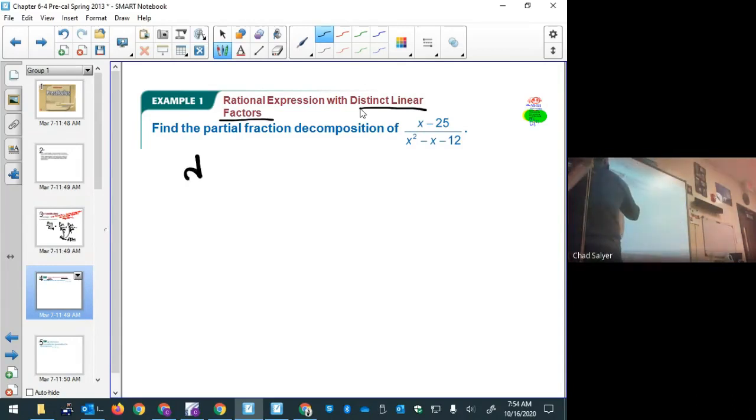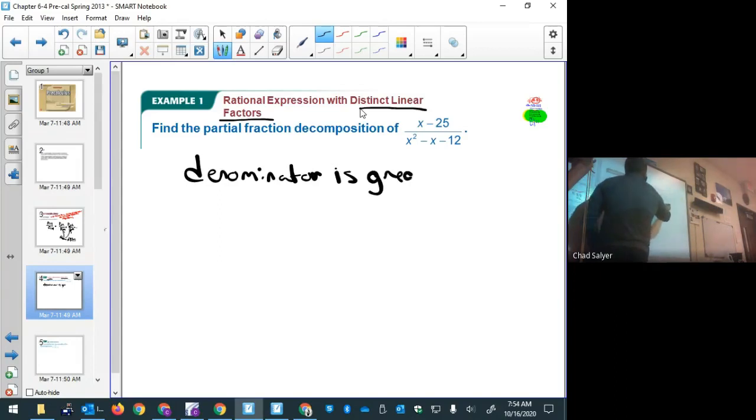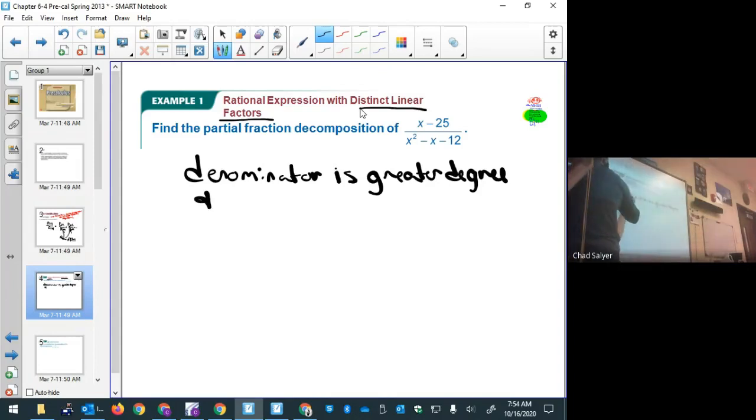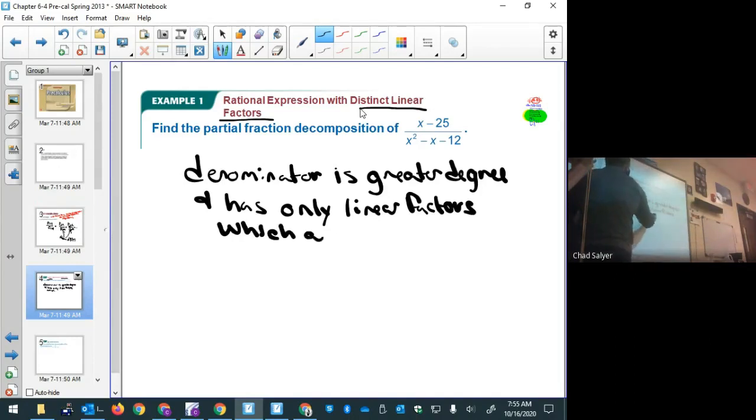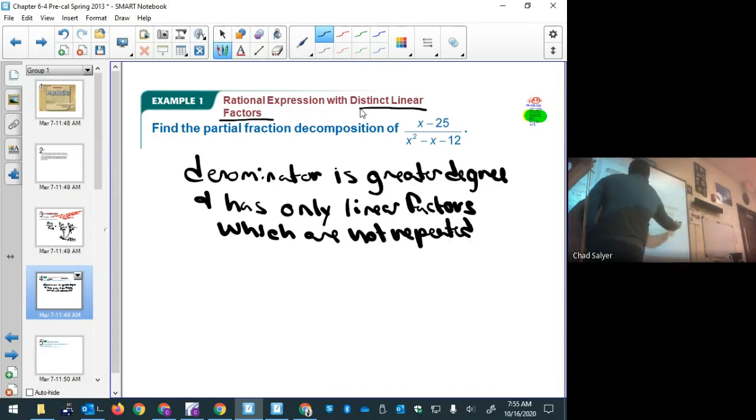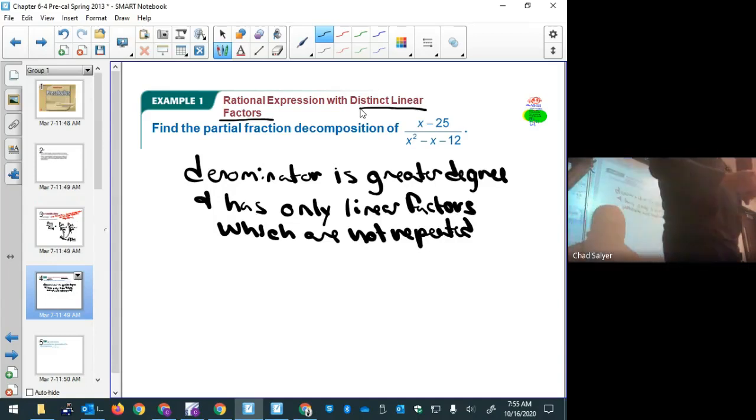So the denominator is a greater degree and has only linear factors which are not repeated.